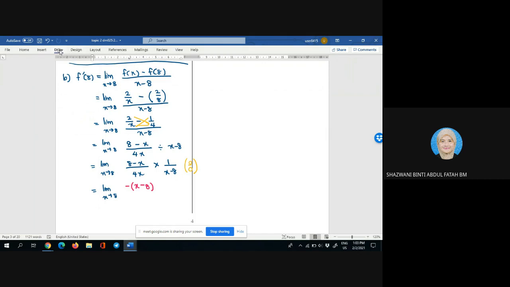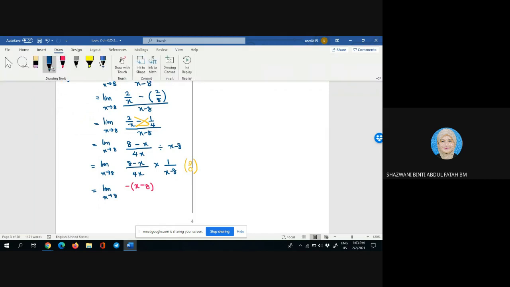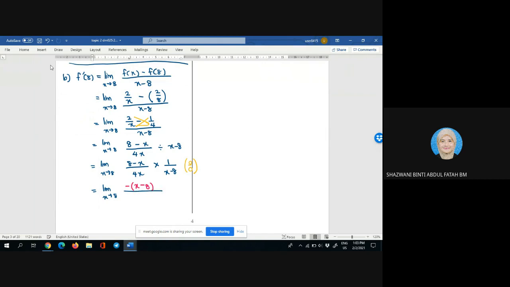Okay, so now bawah dia kan kalau darab atas, bawah darab bawah. Okay, so yang atas tu jadi macam tu lah. Bawah dia akan jadi 4x times x minus 8. So now you can cancel out. Okay, so therefore this one becomes limit x approaches to 8, negative 1 over 4x.